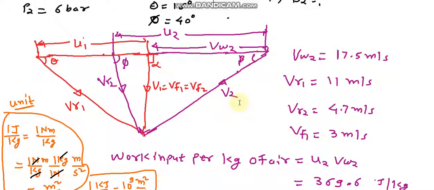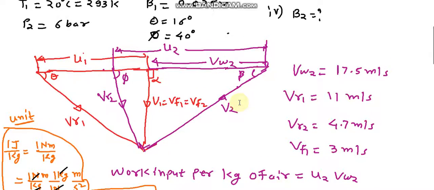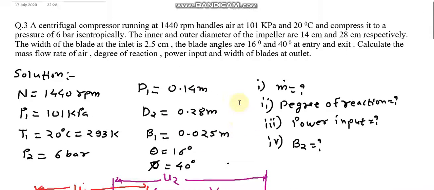It is a very easy problem. From this diagram you must know Vw2, Vr1, Vr2 and Vf1. These are the values required for the calculations. Very simple problem. Now we will see question number 4.